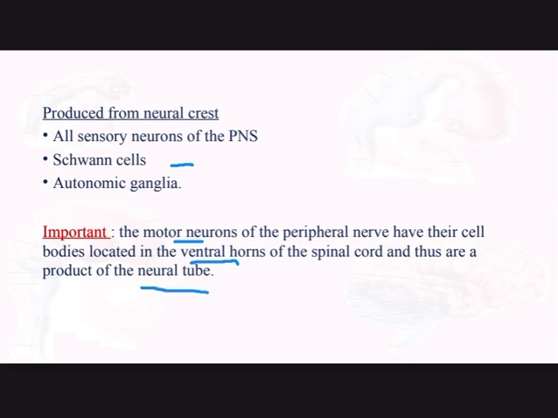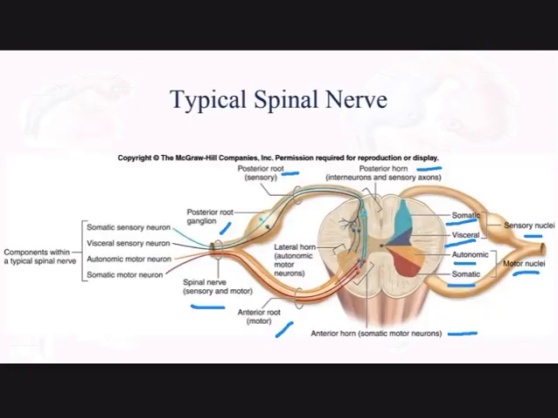Just this one aspect only. What are they? Motor neurons. Specifically, when we talk about the peripheral nervous system, they are the only exception that can be produced from the neural tube because they are located in the ventral horn. You can see it in the spinal cord here, the ventral horn.